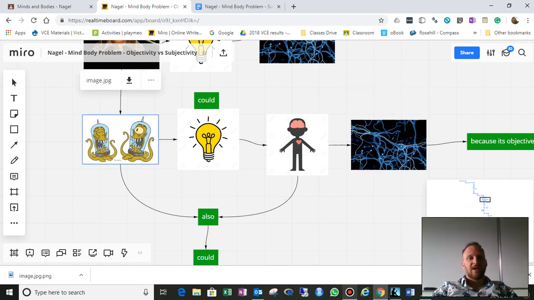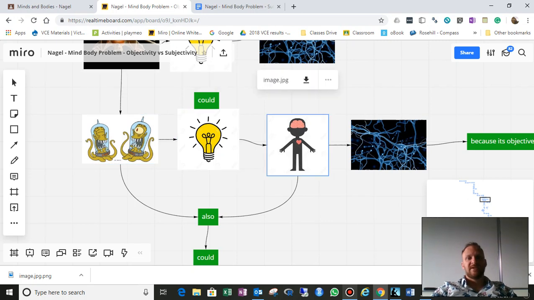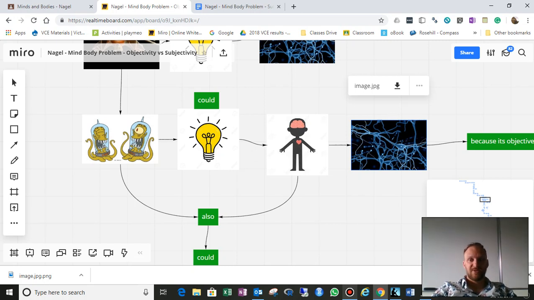So the alien could easily understand the neurophysiological processes of our brains, or the physical objective processes, because they are objective accounts. And as we said before, many different people with many different points of view can understand the same objective account. All right.